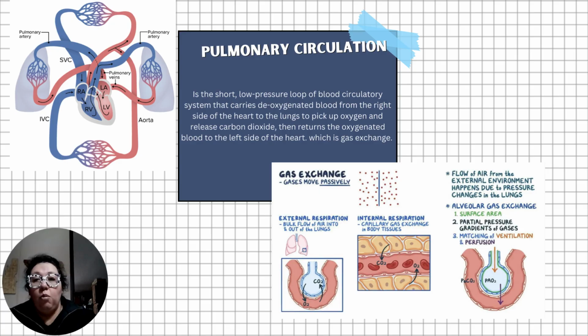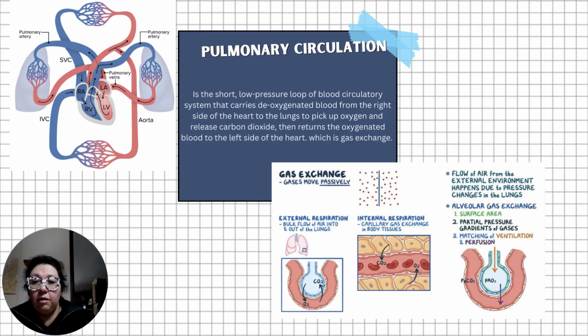Once they do that, a gas exchange happens where carbon dioxide is released and oxygen is picked up, then it will come down from our pulmonary veins and into our left atrium. So from this lung it'll come from this side, and from this other lung it'll come back and go into there. They will both be dumped into the left atrium.